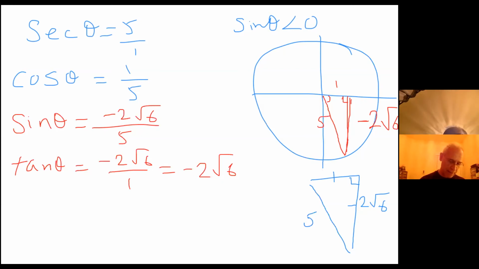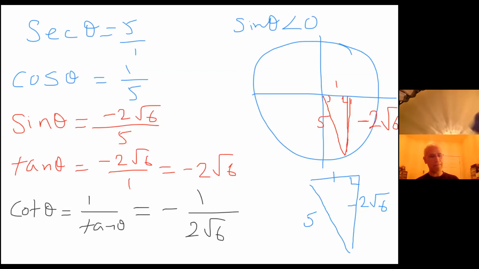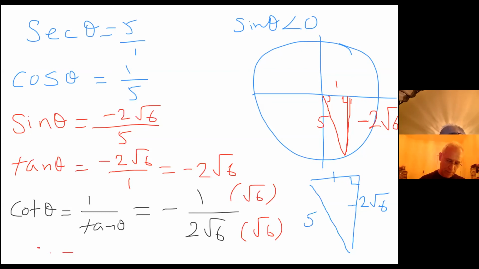Okay. Cotangent is 1 over tangent. Cotangent of theta equals 1 over tangent of theta, so that's going to be minus 1 over 2 root 6. And if you want to rationalize, multiply top and bottom by root 6, that equals negative root 6 over 12. Okay.